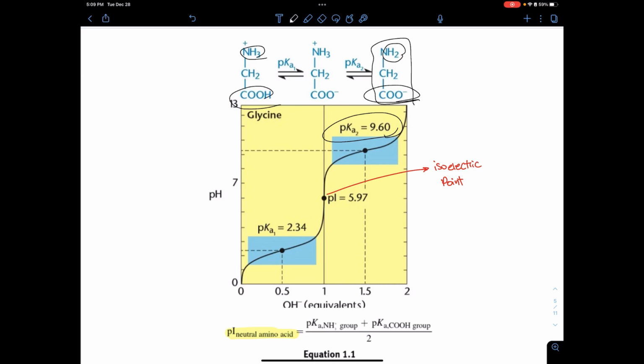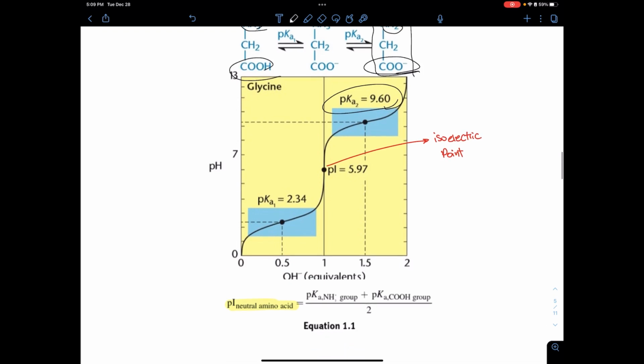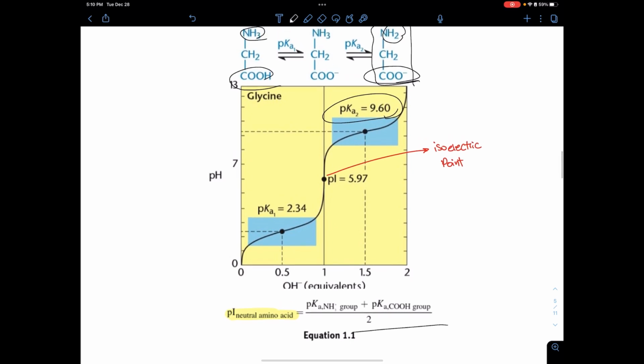We have an equation to calculate the isoelectric point, which is right here. If you add 2.34 and 9.6 and divide by 2, you get 5.97, because that's the point at which the molecule is electrically neutral.